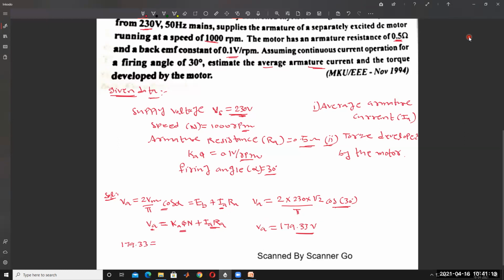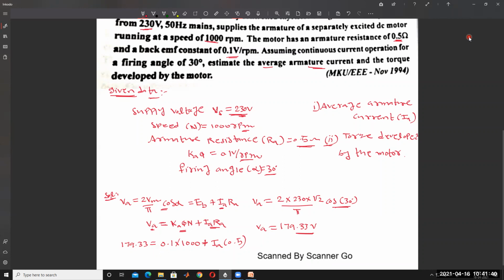So K into phi is called the motor constant, that is 0.1, into the speed, 1000 rpm. So 0.1 into 1000 plus IA into the armature resistance 0.5.